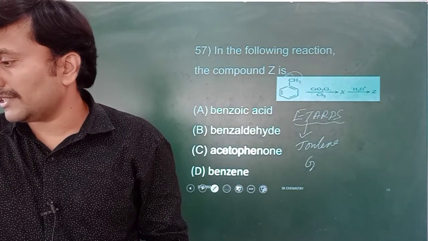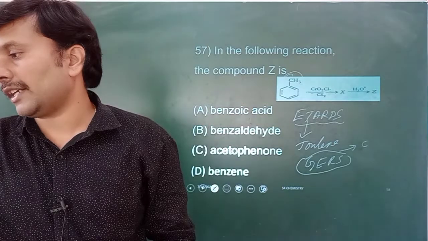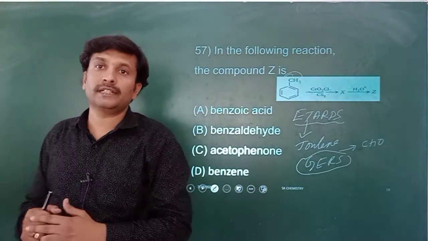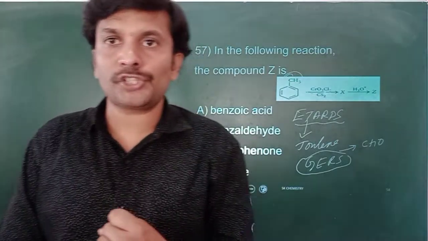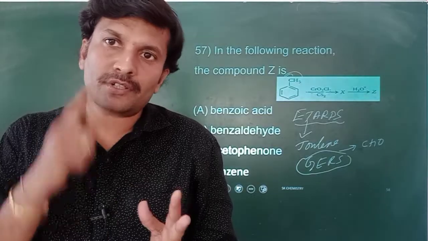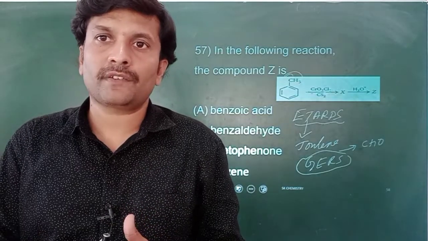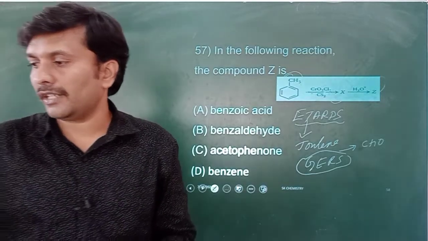Etard's is one of the GRES, a method to get aldehydes. What is this GRES? Girls, you can remember: Gattermann-Koch, Etard's, Rosenmund, Stephen. So with Etard's, I got toluene, and on hydrolysis I got aldehyde. Over.